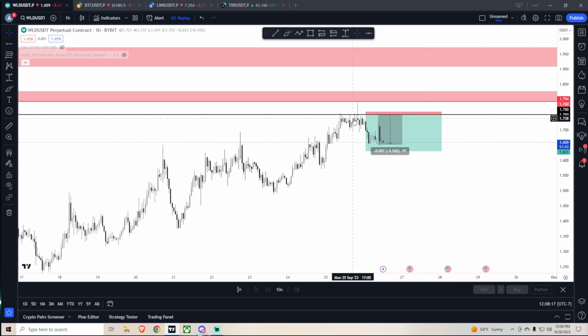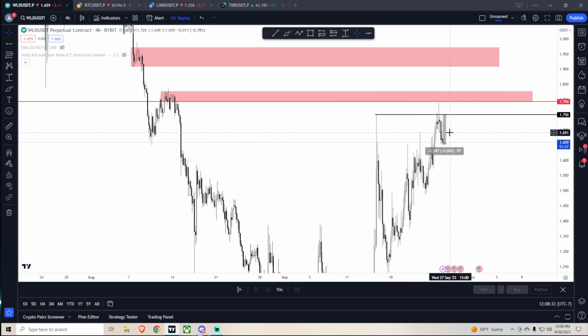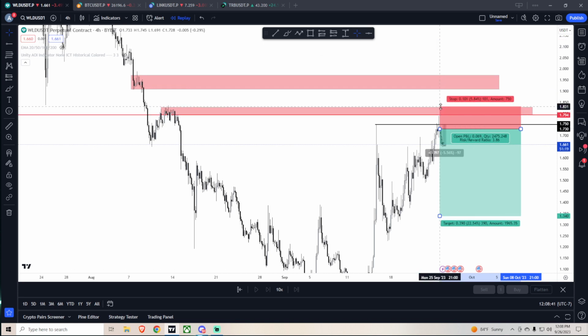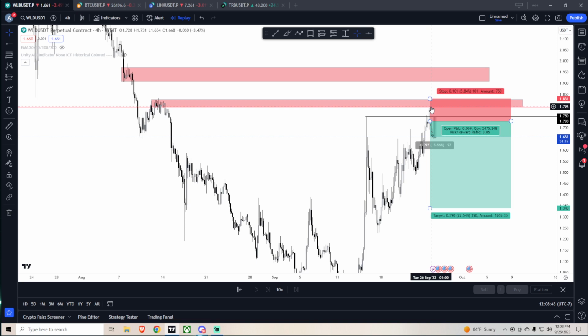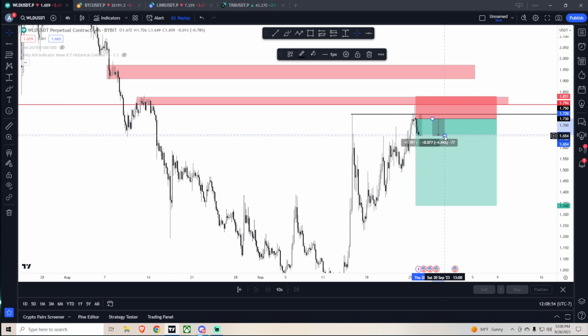Okay, now if you had missed the swing failure, so if we were back on the 4 hour, I typically would have shorted on the candle open and placed my stop loss above the wick, but we see that the wick is half a penny above this high, so I would have actually taken the play as such. So I would have market shorted, stop loss above resistance. Okay, my DCA would have been there. Stop loss above these wicks. Okay, DCA did not fill, but I still got a 5% move basically.